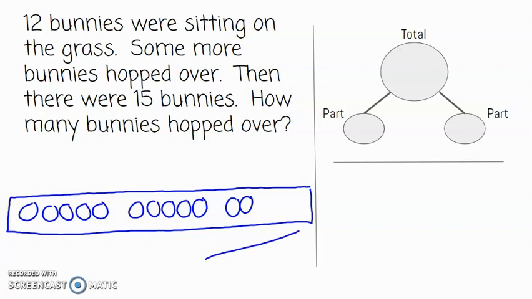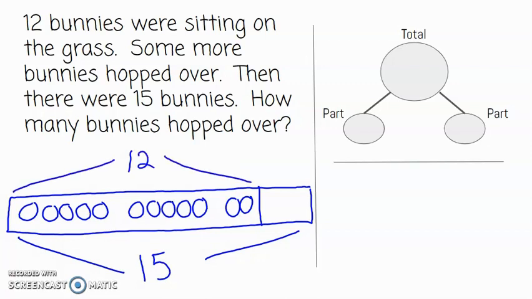I know in total there were 15 bunnies. I also know that I started with this initial 12 bunnies, and I'm looking to see how many hopped over. As a first grade student, I might start from that 12 and count up until I get to 15 and show it this way. 13, 14, 15. With the help of the tape diagram, I can see that 3 bunnies hopped over.